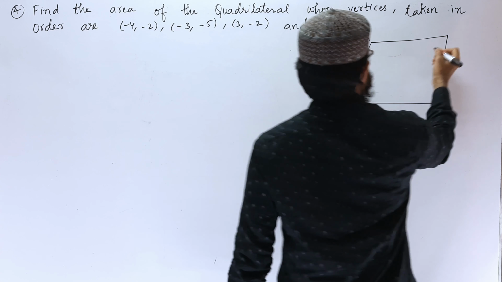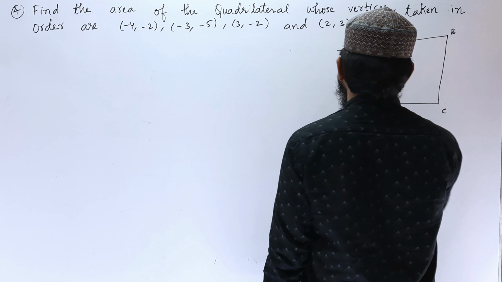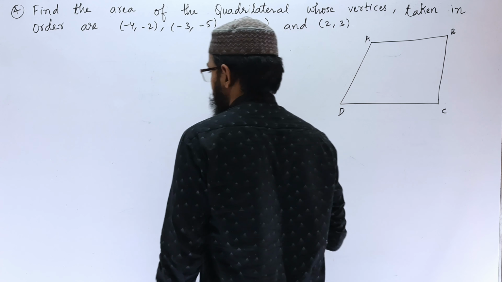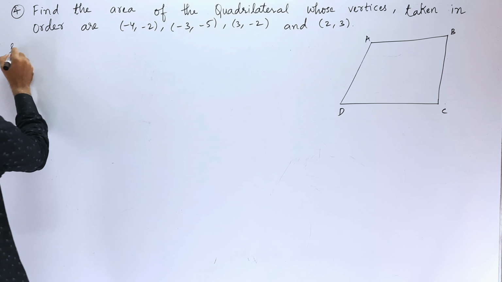Let this be A, B, C, D. So these are the vertices. Let us write in solution.